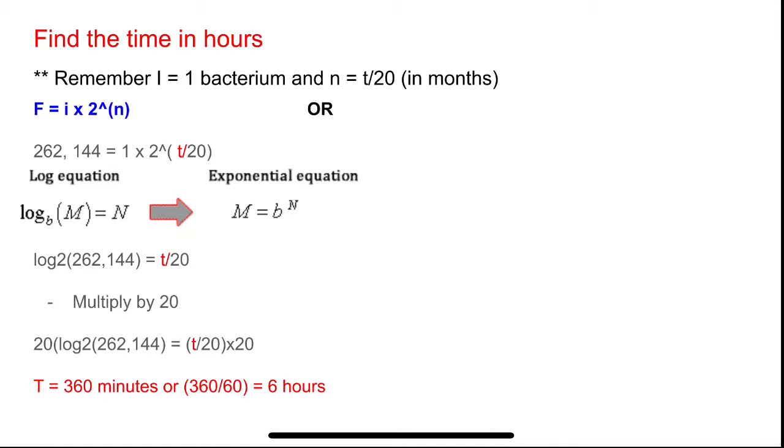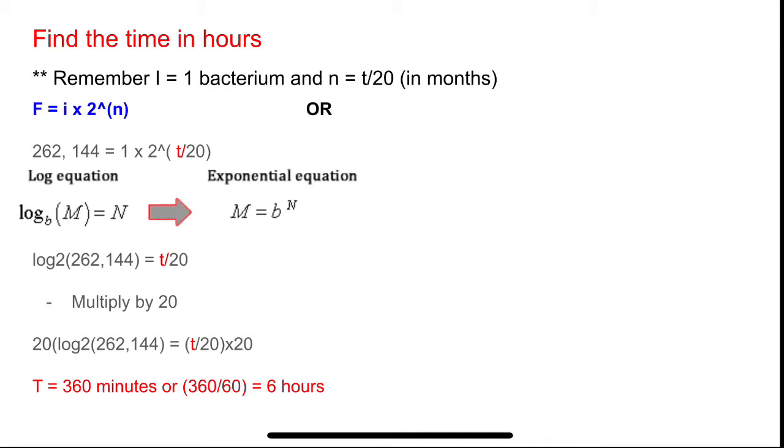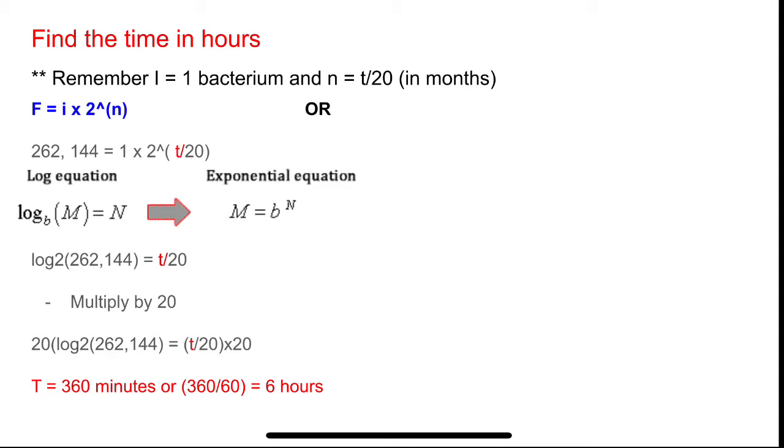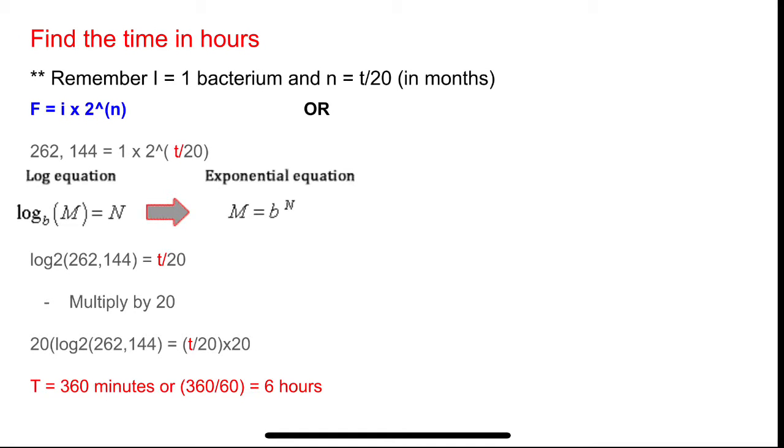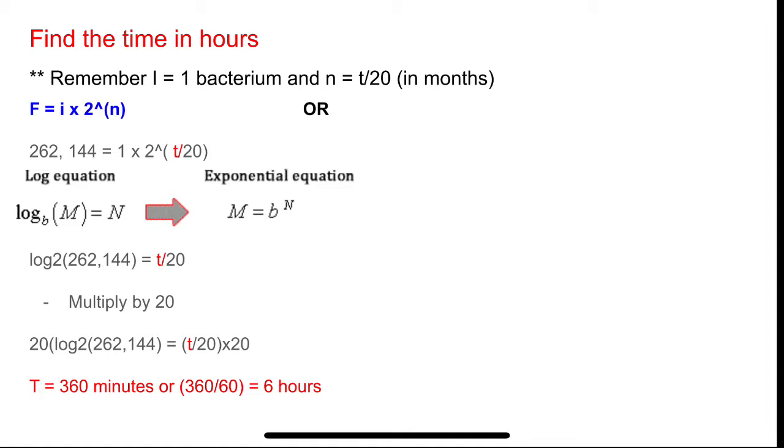Once we do this, the equation will read log base 2 of 262,144 equals t divided by 20. Then on our calculator, we can find log base 2 of 262,144 and multiply that by 20. This gives us about 360, but we know that it is in minutes, and the chart is asking for hours, so we can divide that by 60, therefore getting us 6 hours.